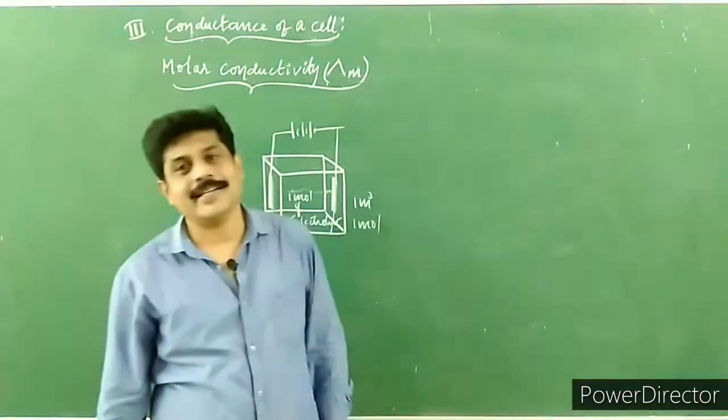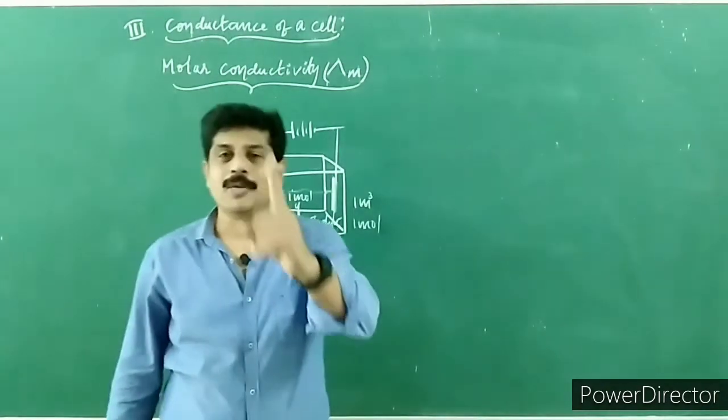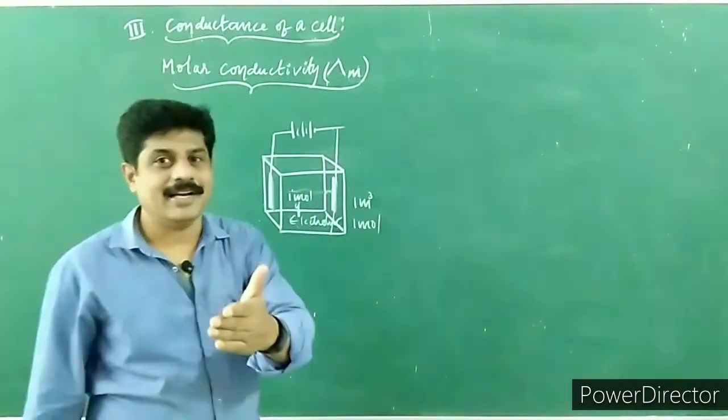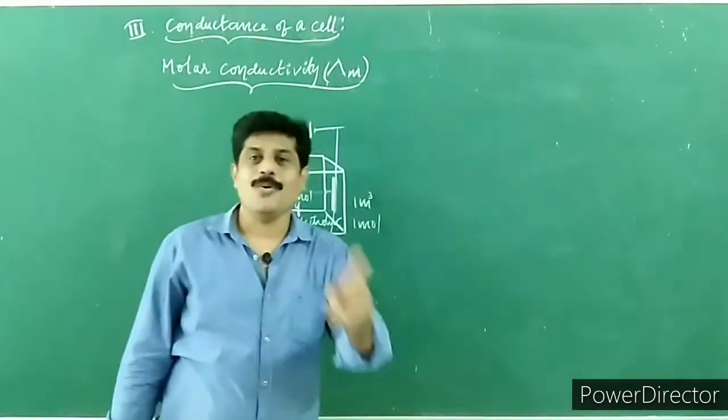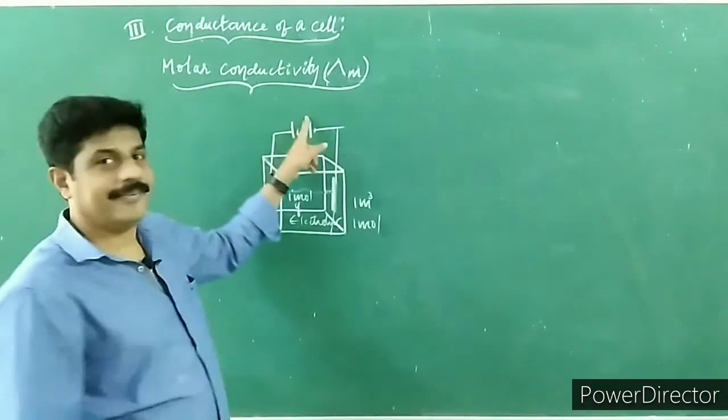Molar conductivity is defined as the conductivity of 1 mole of electrolyte. Otherwise, we can also say that the conductance due to 1 mole of electrolyte is also called molar conductivity.